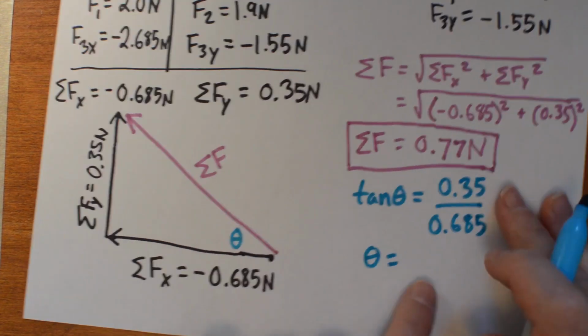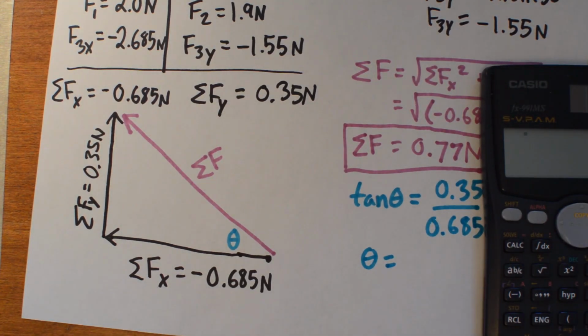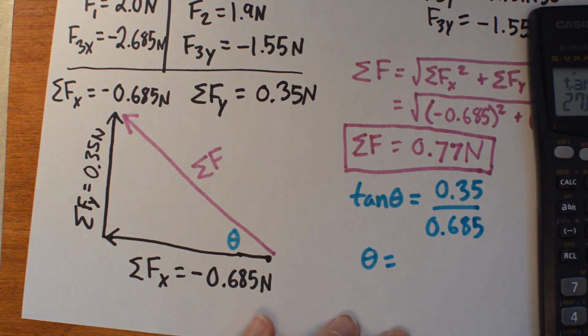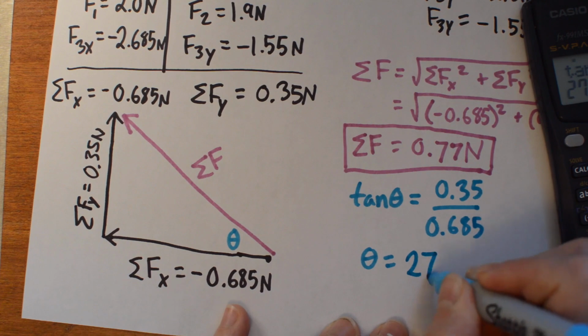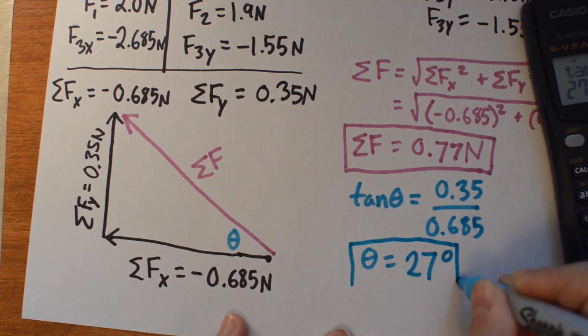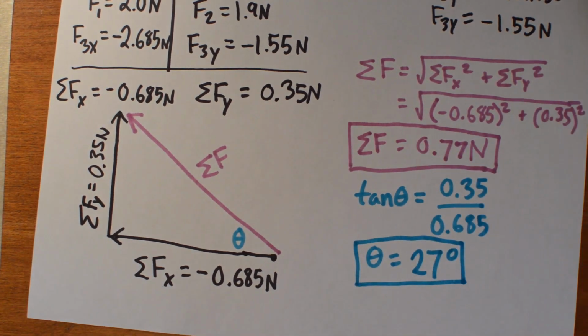I just need to inverse tan this stuff to get the theta out. So 0.35 divided by 0.685, and then inverse tan that, and I get an angle of 27 degrees. And that is my net force with its direction.